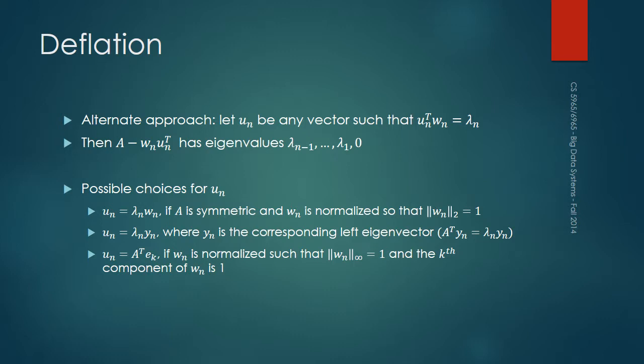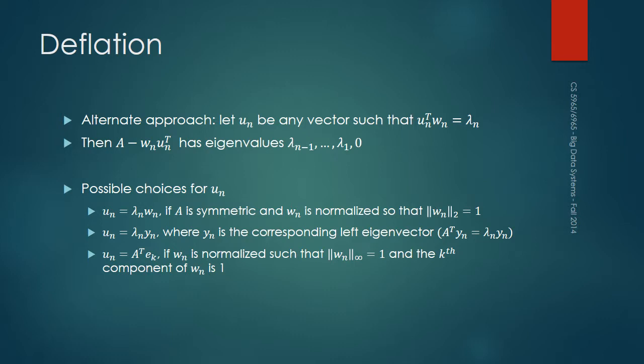Then if I subtract the interaction between un and the primary eigenvector, I'm left with a matrix where I have completely cancelled out the influence of the primary eigenvector. So the eigenvalues of A minus wn un transpose are going to be lambda n minus 1 to lambda 1 and 0, assuming that it wasn't singular to start off with.